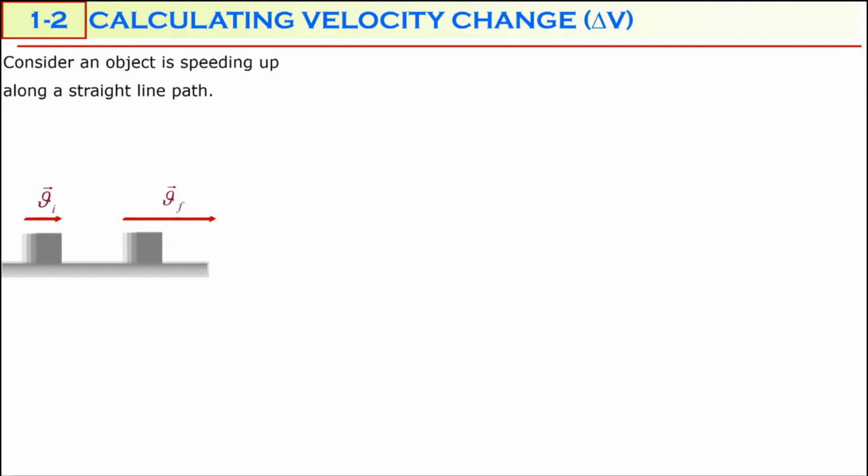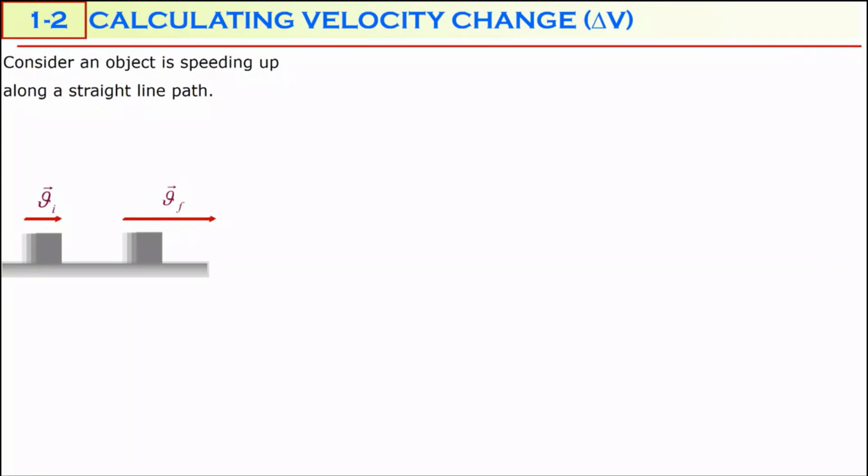When you are calculating the acceleration, you find the change in velocity, delta V. How do we calculate delta V? Delta V is final velocity minus initial velocity, so V final minus V initial. Always you should calculate delta V to calculate the acceleration.